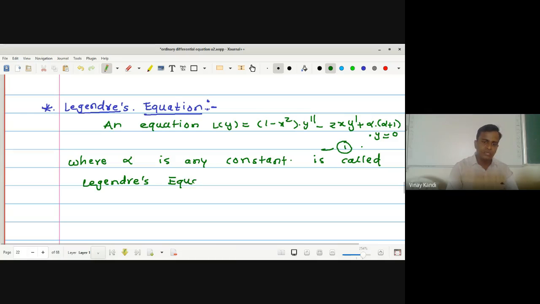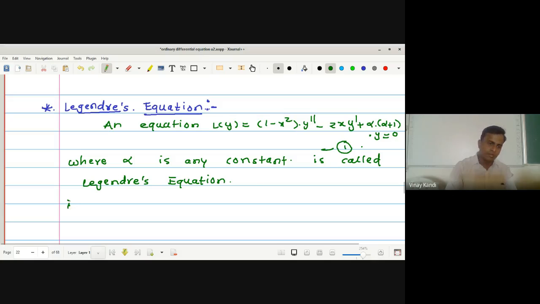Legendre's equation. The equation L of y is equal to 1 minus x square into y double dash minus 2xy dash plus alpha into alpha plus 1 into y is equal to 0. So this form of equation is called Legendre's equation.